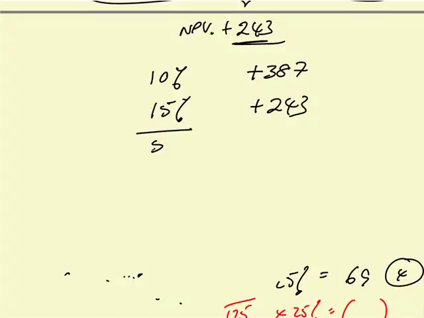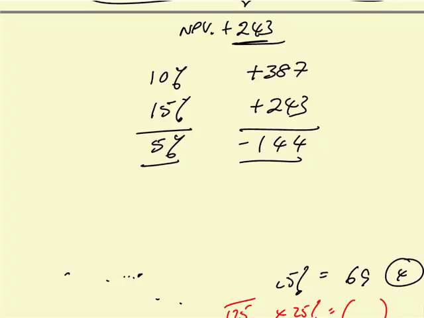Over a change of 5 percentage points from 10 to 15, the NPV has fallen from plus 387 to plus 243. It's fallen by how much? I think 144. We assume, but it's only approximation, but always in the exam we assume it's linear.